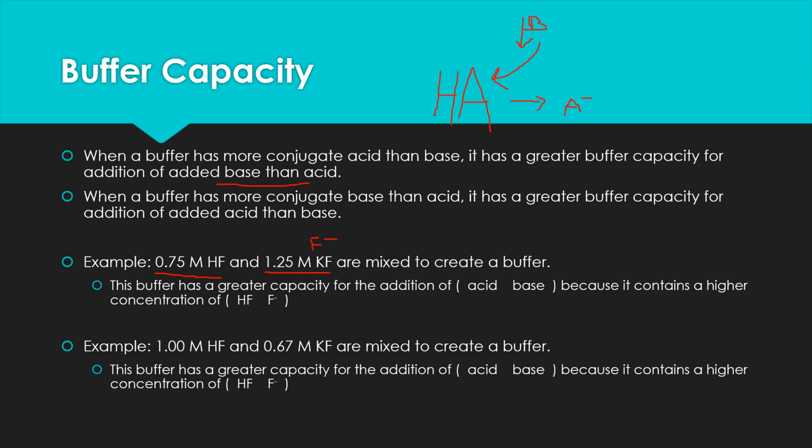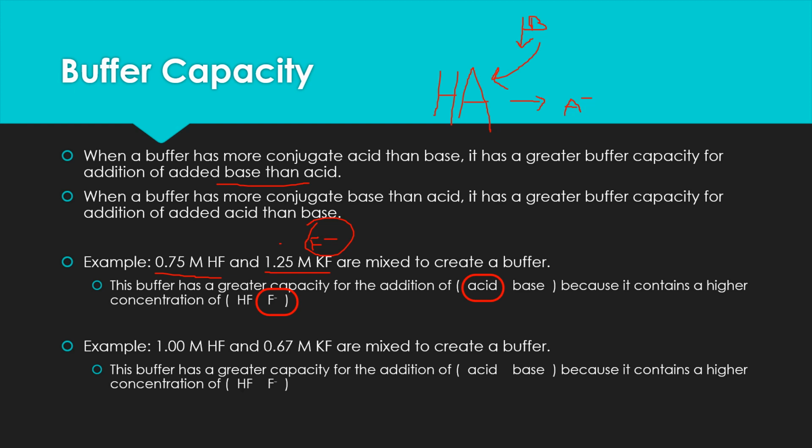So since we have more of the conjugate base, the buffer has a greater capacity for the addition of added acid because it contains that higher concentration of the conjugate base. Okay, it can counteract that acid. Whereas if we added more base to this, we don't have enough acid to react with it. Throws off that ratio too much.